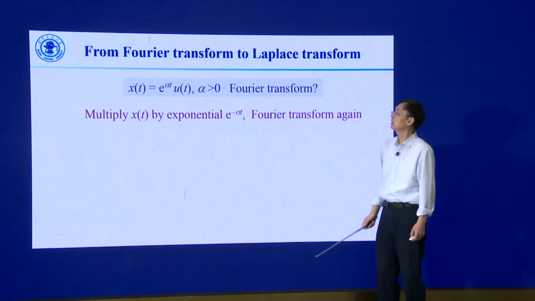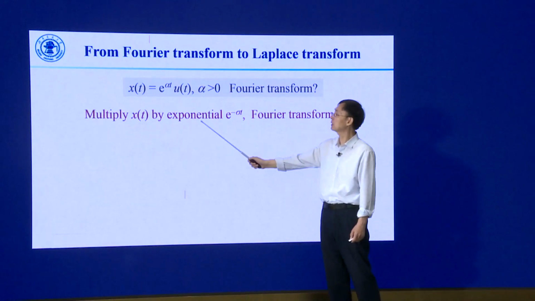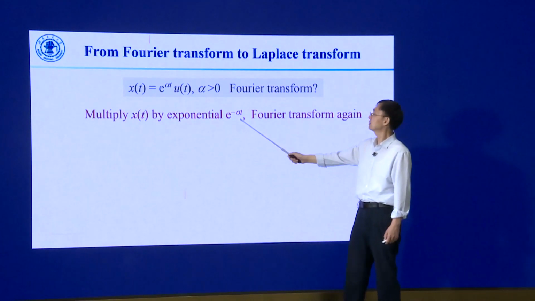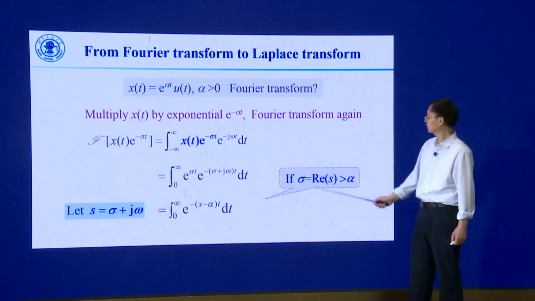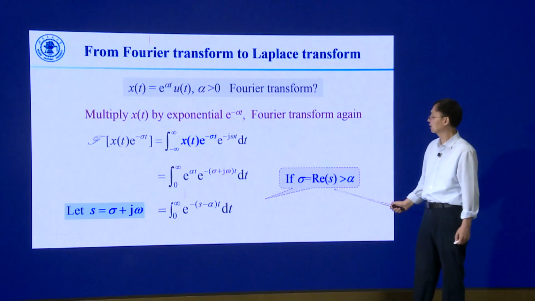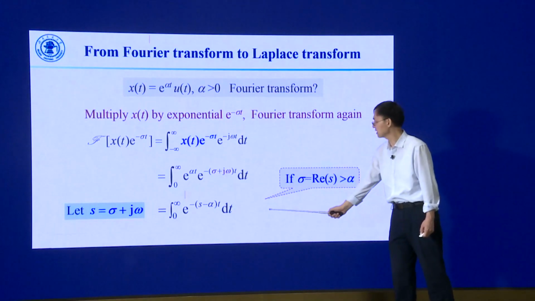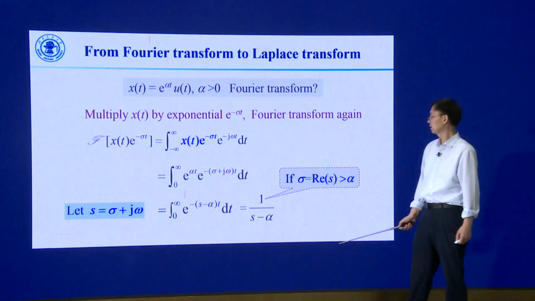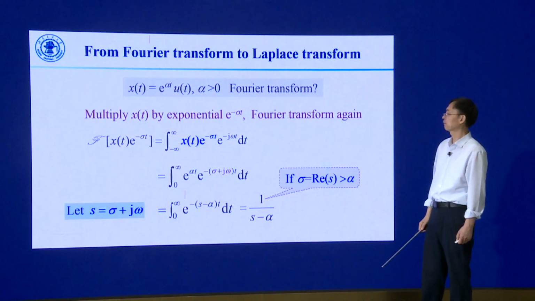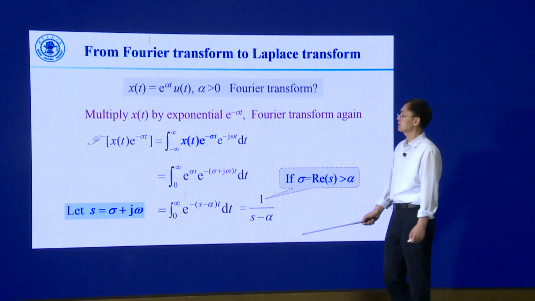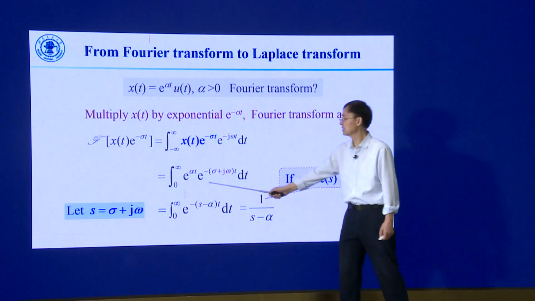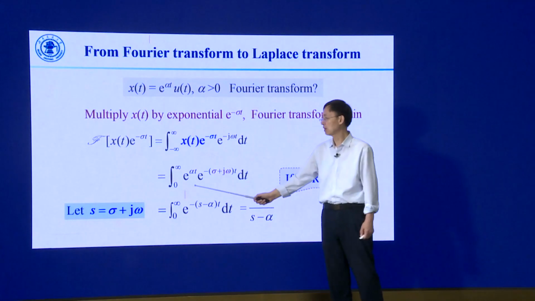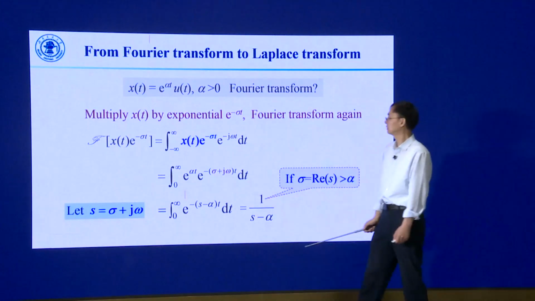However, if we multiply x of t by an exponential signal, we can do the transform again. If this condition is satisfied, we can get this expression. Here, S is a complex frequency variable. S equals sigma plus j omega.